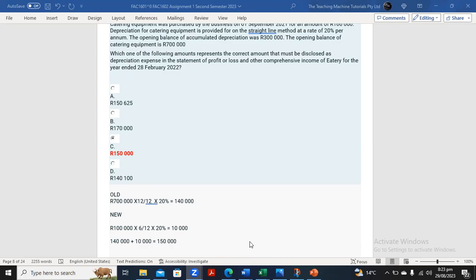Sir, I just want to check with the straight line method. You said we only use the percentage. Yes, and the period that the asset existed for. Thank you.